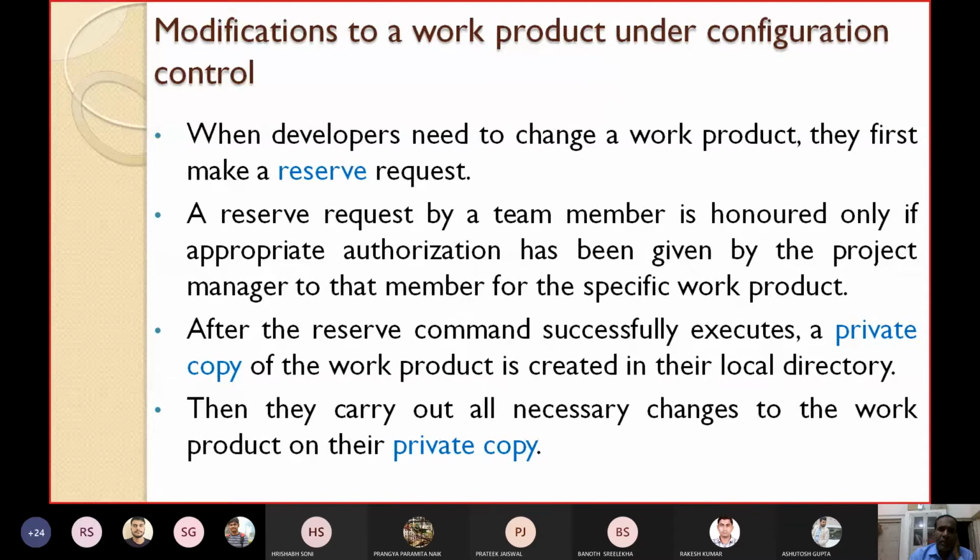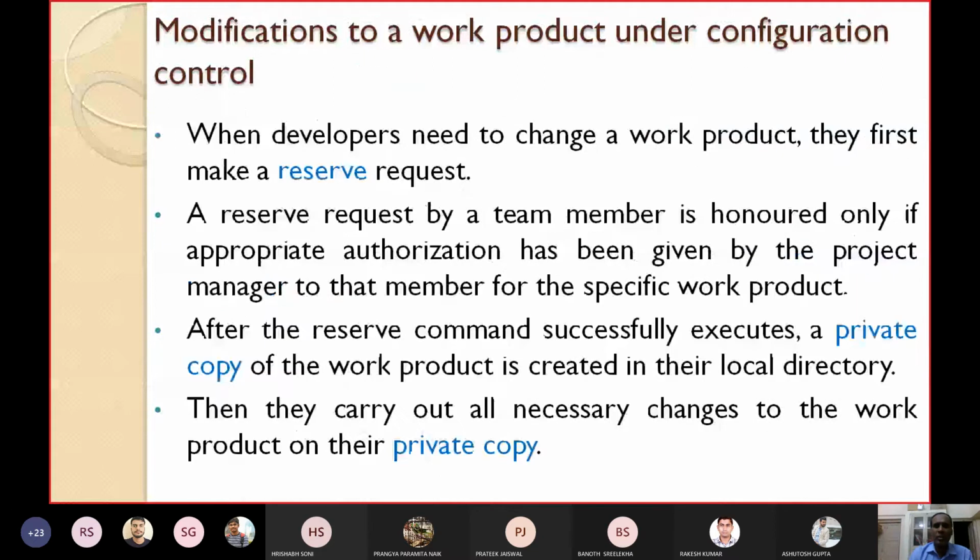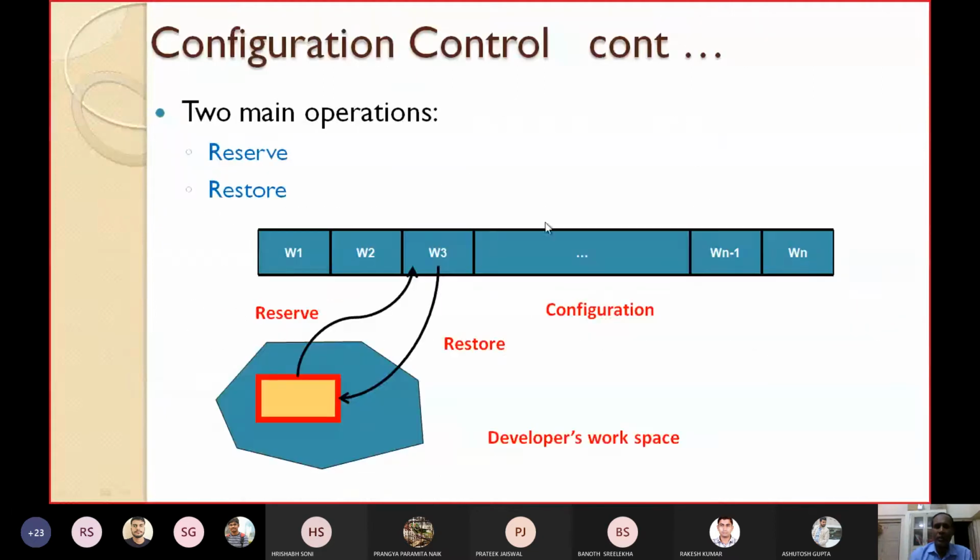Then the developer will carry out all necessary changes to the work product on their private copy, not on the original copy. Once the developers have satisfactorily completed all necessary modifications, the changes need to be restored in the configuration management repository. Just like this, W3 will be replaced with the new, changed version of the work product.